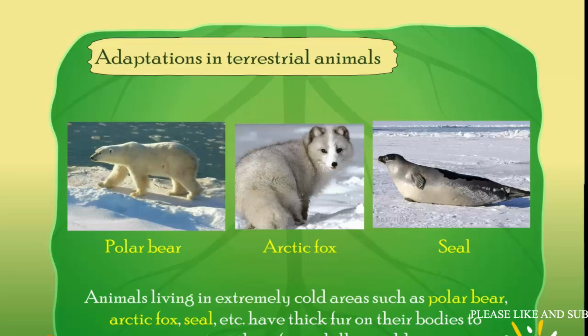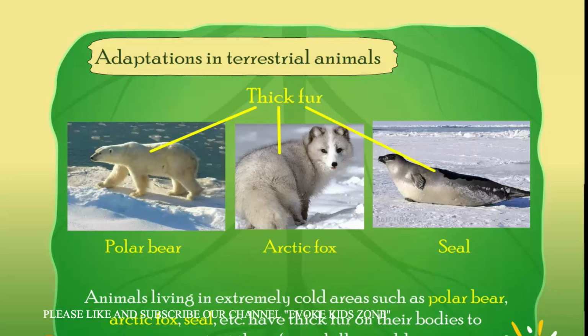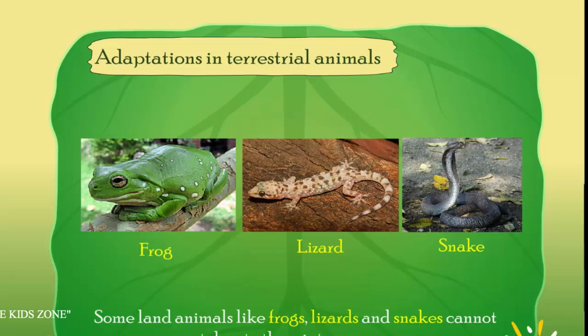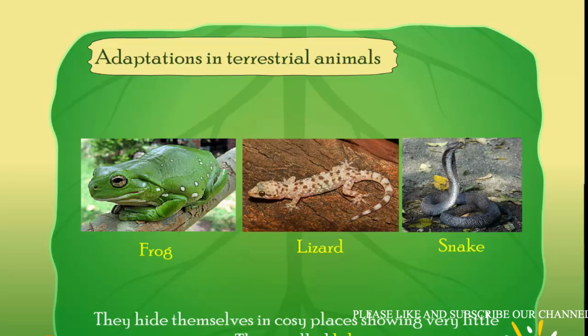Animals living in extremely cold areas such as polar bear, Arctic fox, seal, etc. have thick fur on their bodies to protect them from chilling cold. Some land animals like frogs, lizards and snakes cannot tolerate the winter season. They hide themselves in cozy places showing very little activity.